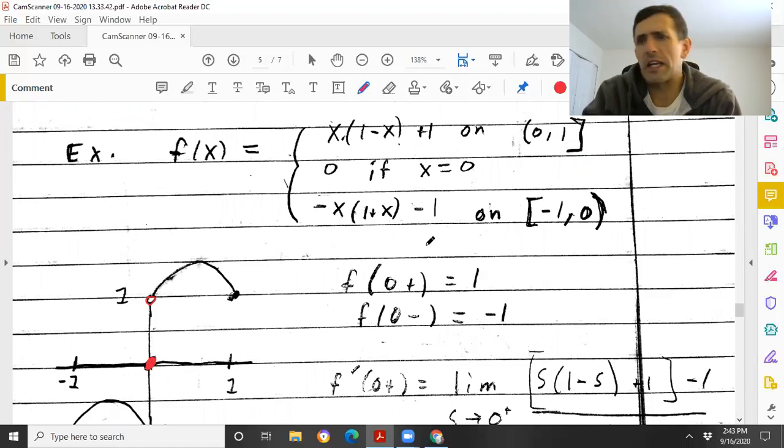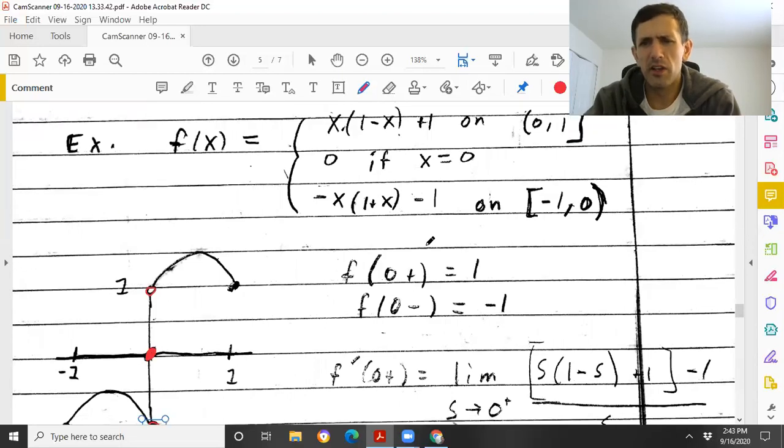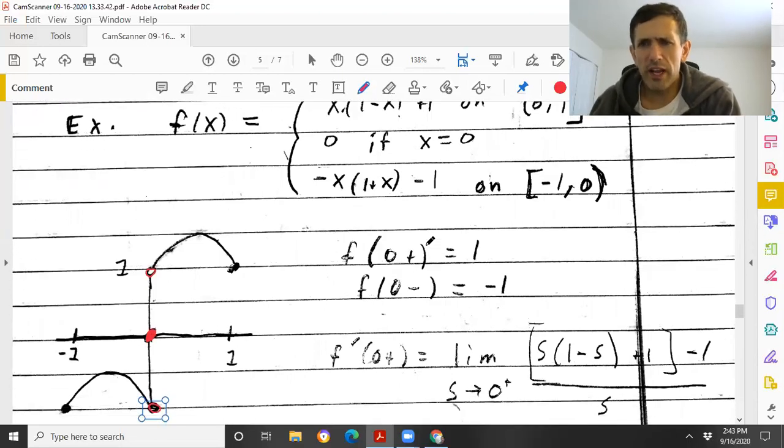So this is really harking back to Calc 1. How do we find this right-hand derivative? Well, just use the definition. f(s) minus f(0+) is just going to be, for s bigger than 0, well, s - 1 is what f(s) is if s is bigger than 0. So the minuses cancel.